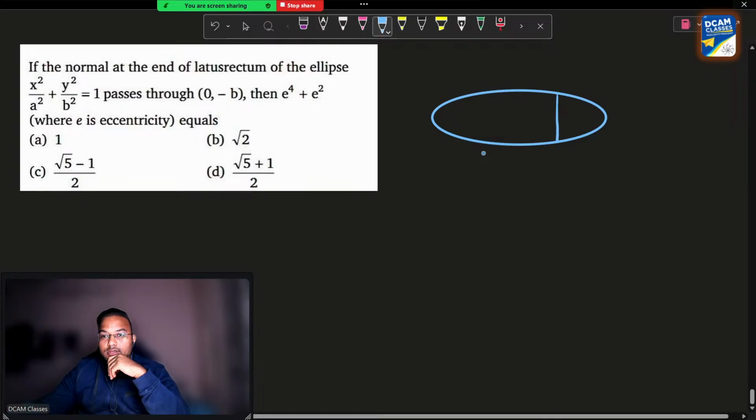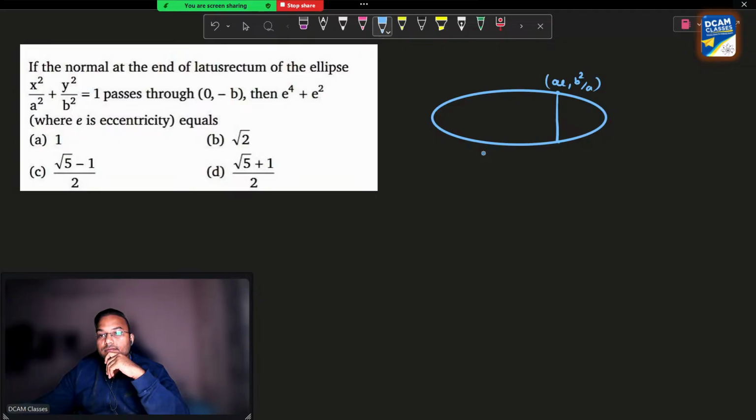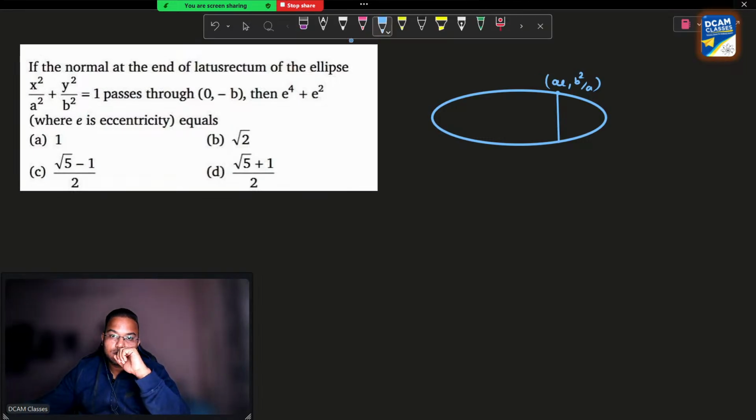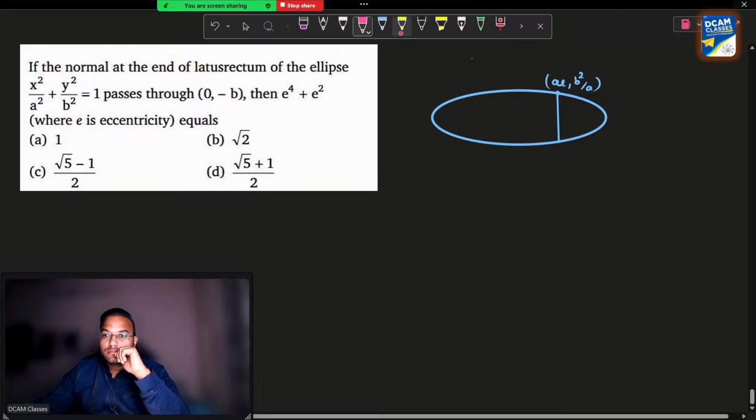This is the end of the latus rectum. This coordinate you already know, it's ae comma b square by a. At this point we have to draw the normal, and that normal passes through this point 0, minus b.